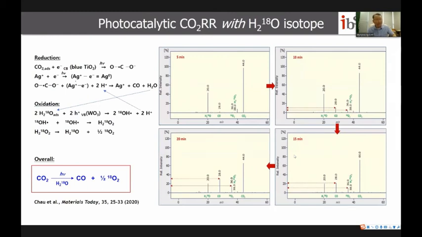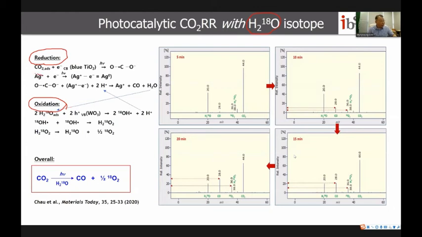Okay, so this is a real experiment to figure out whether this really happens. We are using isotope water to trace this reaction. Also, we used isotope CO2 as the source of the CO product. So what happens here is the reduction part at the conduction band, and the oxidation part at the valence band.